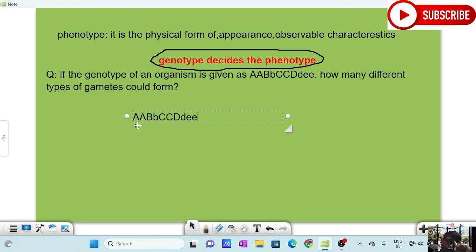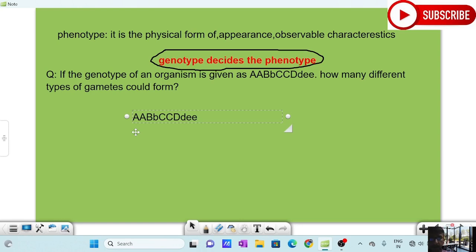The combination of A is in the dominant form, right? Capital A, capital A. In case of B, it is also dominant, but in heterozygous form. Capital C is dominant. Capital D, small d is in the heterozygous form, and small e is in its homozygous recessive form. The question is how many different types of gametes can be formed?